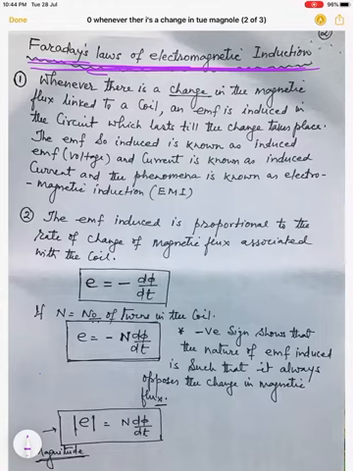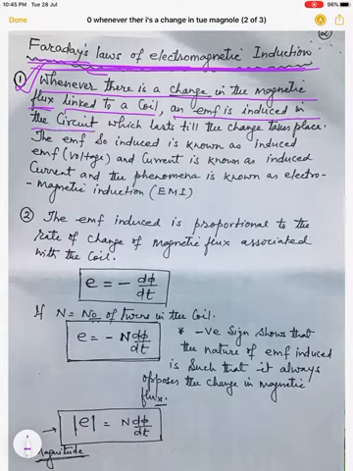The first law says, whenever there is a change in the magnetic flux linked to a coil, an EMF is induced in the circuit or coil, which lasts till the change takes place.